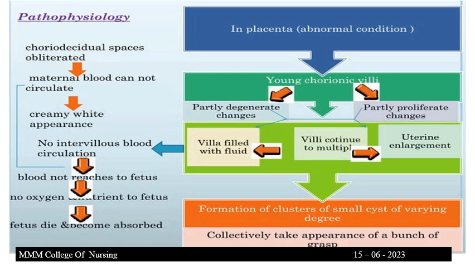Because the chorionic villi continue to multiply, it forms a cluster of small cysts of varying degree, and collectively they take the appearance of a bunch of grapes. That's called hydatidiform mole. So this is about the pathophysiology.